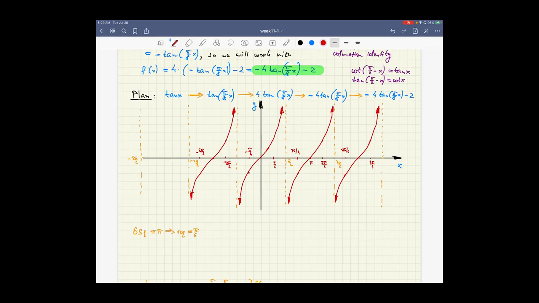And here, this is negative 9 pi over 4 and negative 7 pi over 4. All right, this is tangent x.